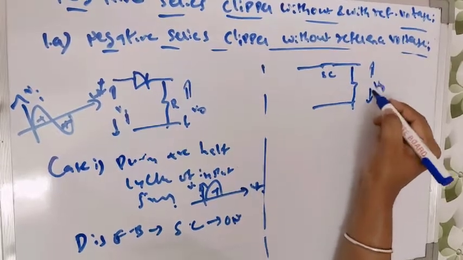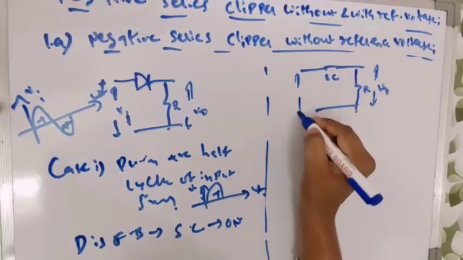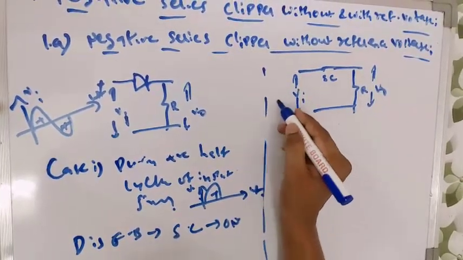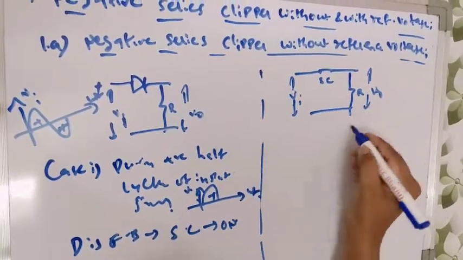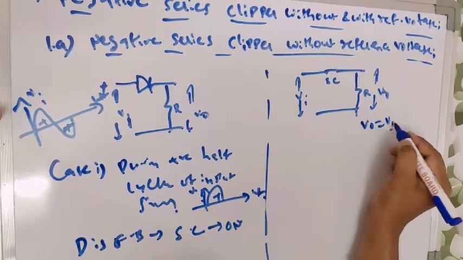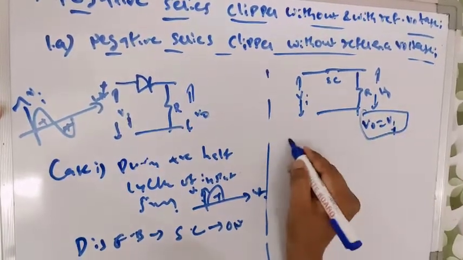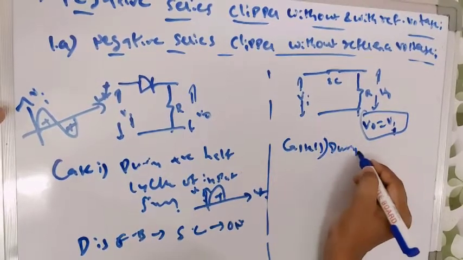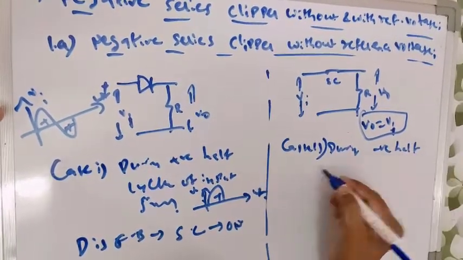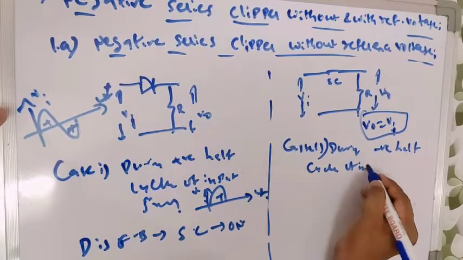The output is taken across the resistor, and whatever input we give during the positive portion comes across the resistor, because this is in parallel. So V0 is equal to Vi.